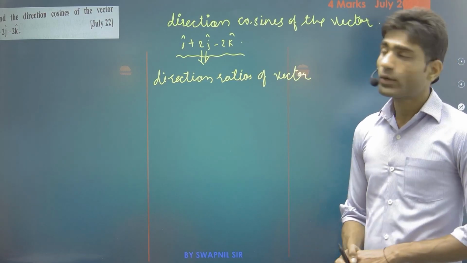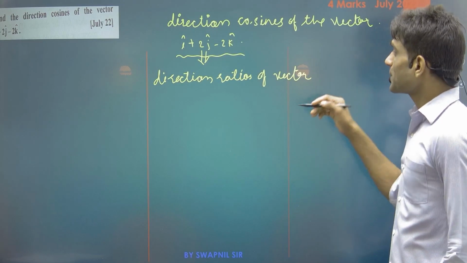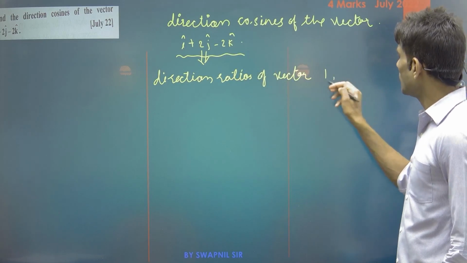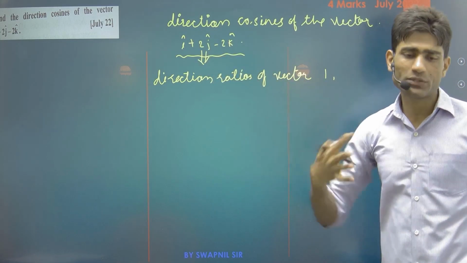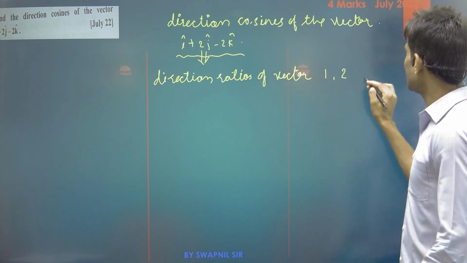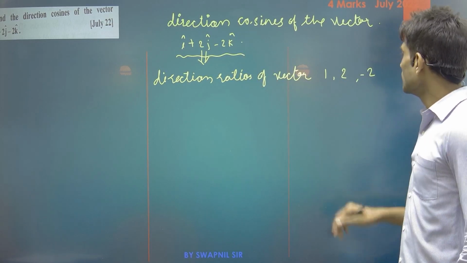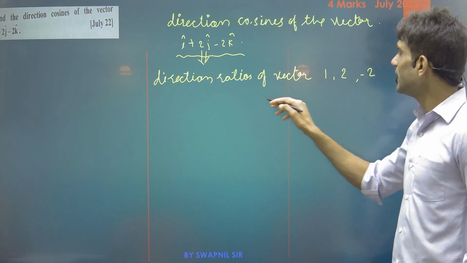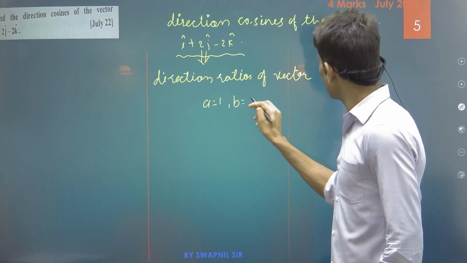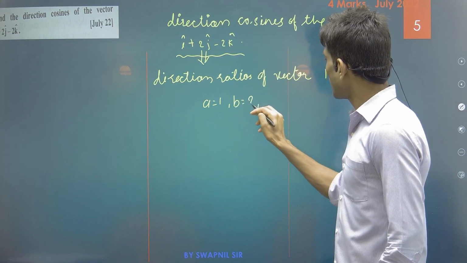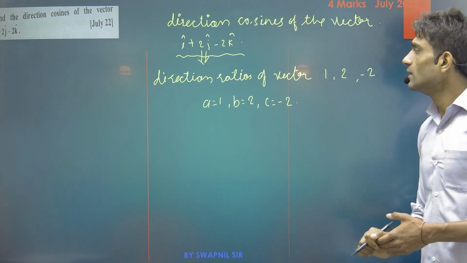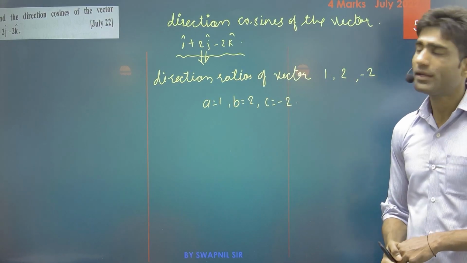The coefficient of i cap is 1, the coefficient of j cap is 2, and the coefficient of k cap is -2. So we name them a equal to 1, b equal to 2, and c equal to -2. These three are the direction ratios for our given vector.